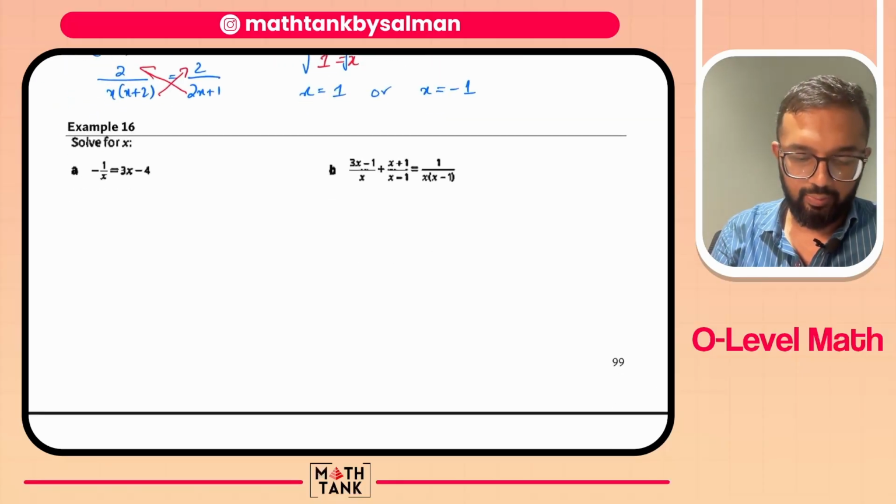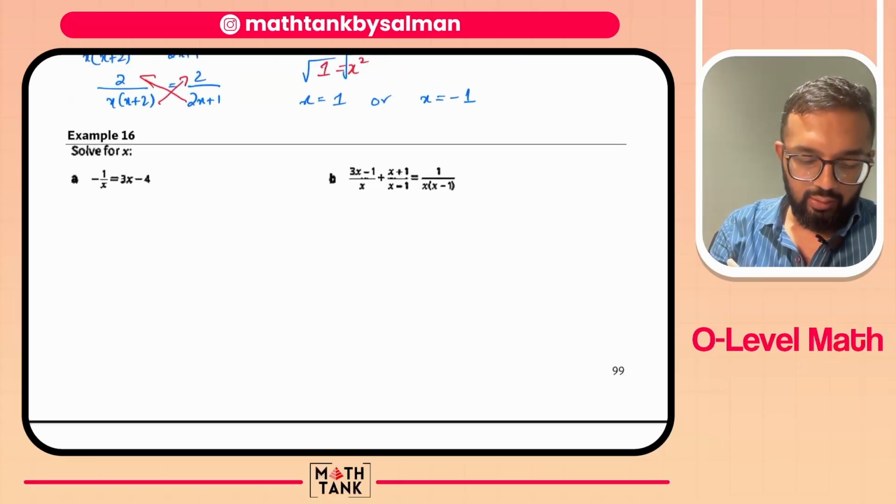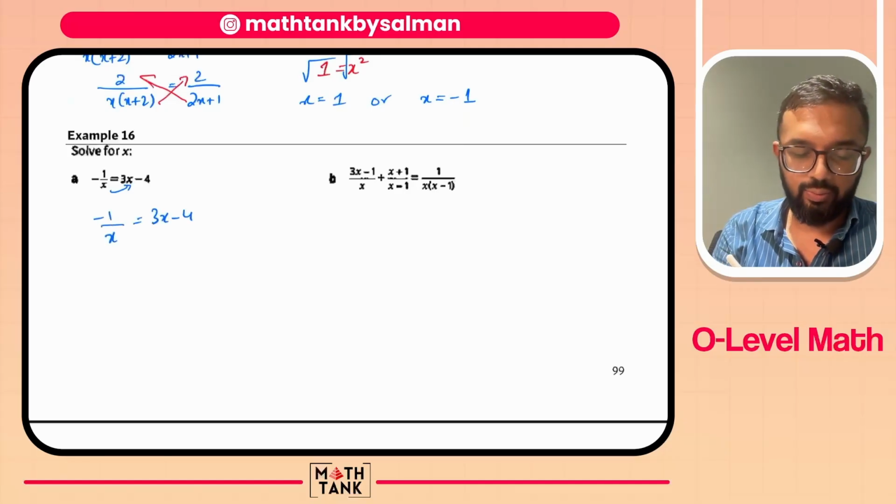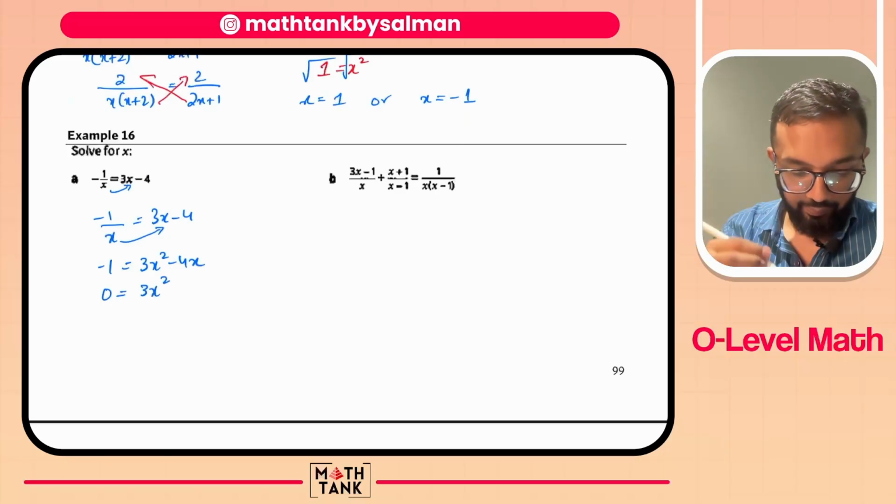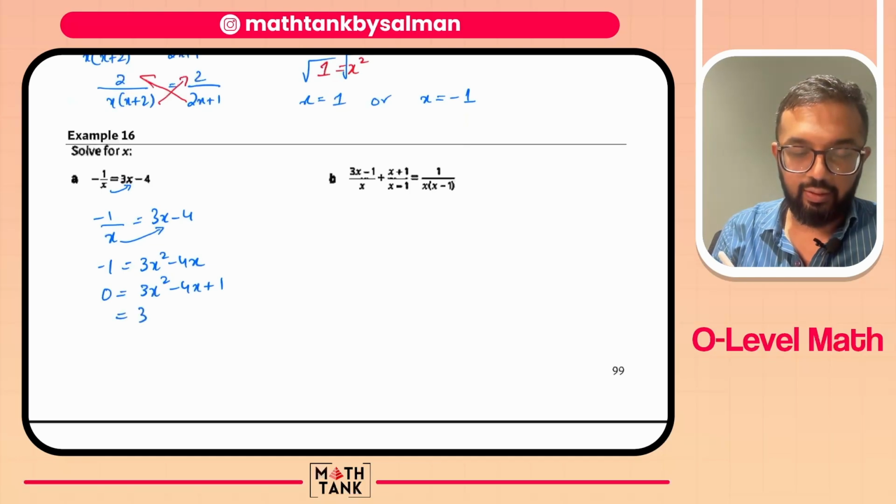Okay, let's talk about the next one. This is just a simple fraction, so the only thing that I can do is cross multiply. So minus 1, 3x squared minus 4x. I bring everything to one side. Again, this seems factorizable.